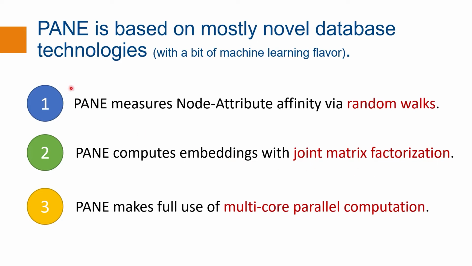The first is that we measure node to attribute affinity via random walks. The second is that we compute those embeddings, which are the final results, through a procedure called joint matrix factorization. And third, we make full use of multi-core parallel computation capabilities in modern computers.